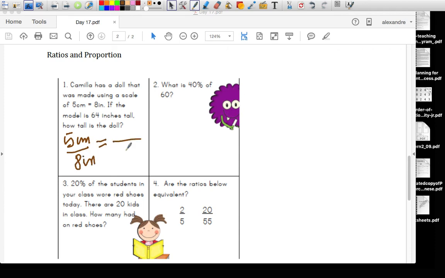We want to make that equal to our other side. And if the other side is 64 inches at the bottom, there's a relationship here, which is times 8. So times 8 again, giving us 40 centimeters. So this would have been 40 centimeters.